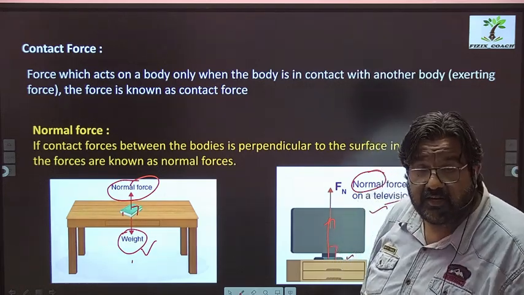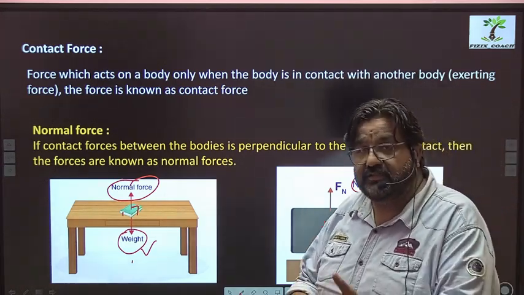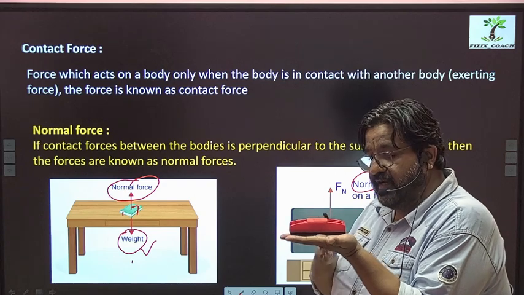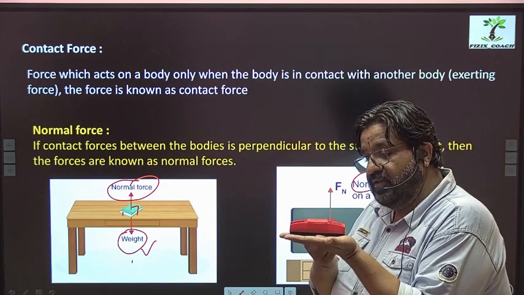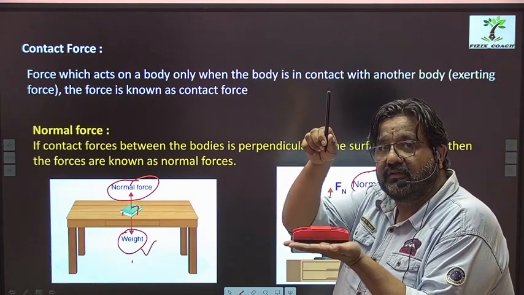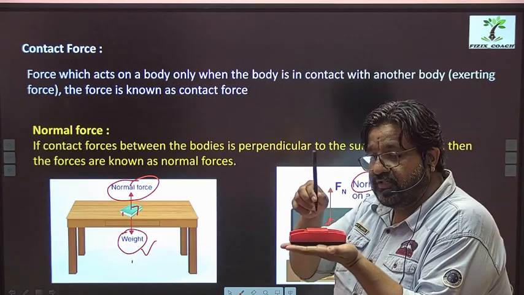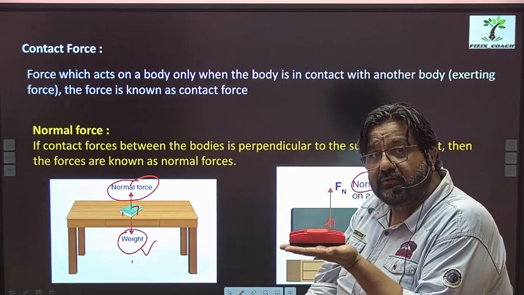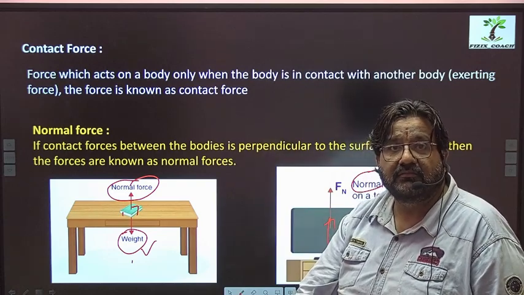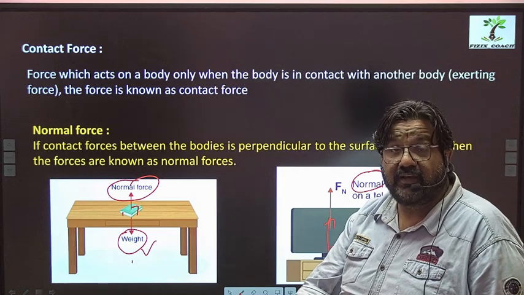Let us understand it in another way. Say, this is my hand and I've kept this duster over here. Now my hand is applying a force in the upward direction, due to which this duster is not going down. If I remove my hand, this will fall. Why is it not falling?